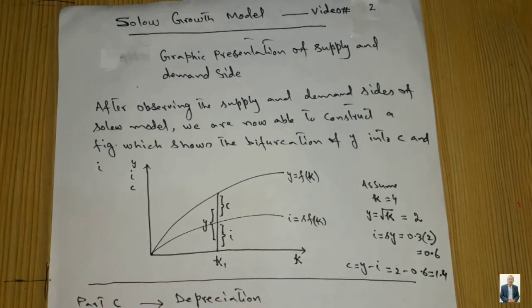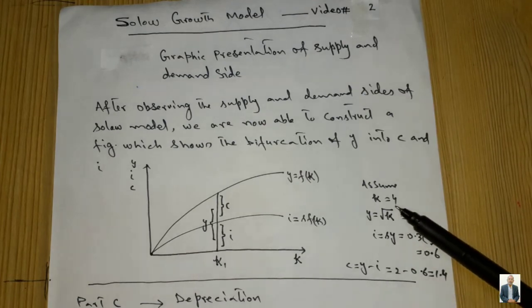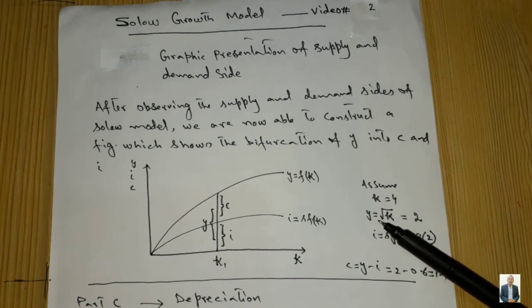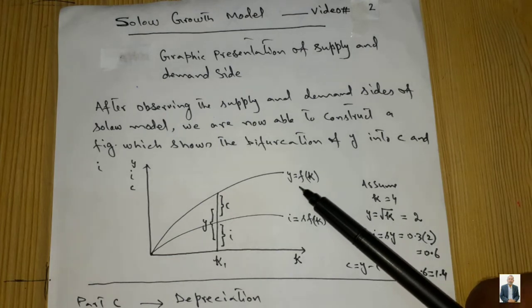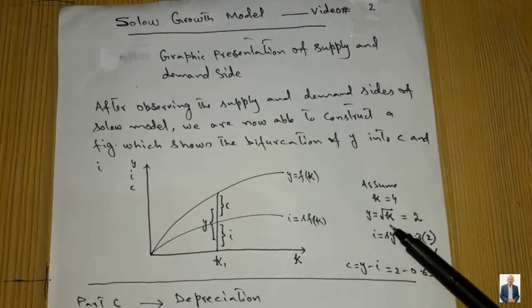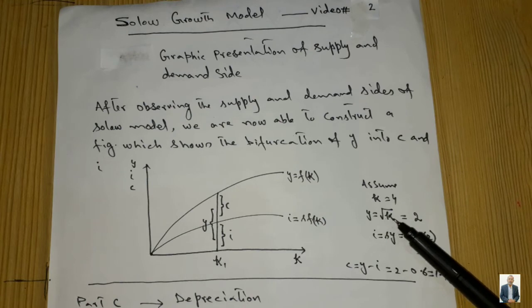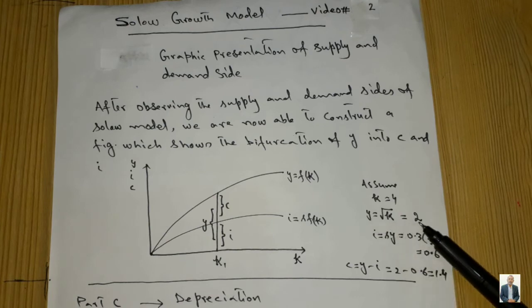Here you can observe a numerical example. Assuming K is equal to 4, and assume that Y is the square root of K. This is the algebraic form of the production function. The general form is Y is a function of K, but this is the algebraic form, which is assumed here. So Y is the square root of K, so put 4 in place of K and you will get Y equal to 2.